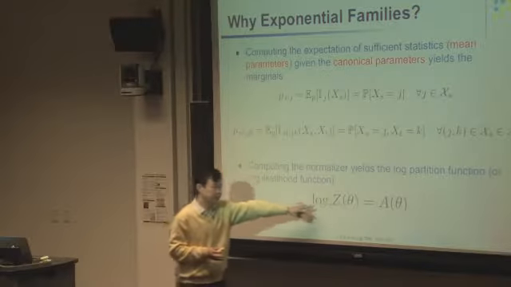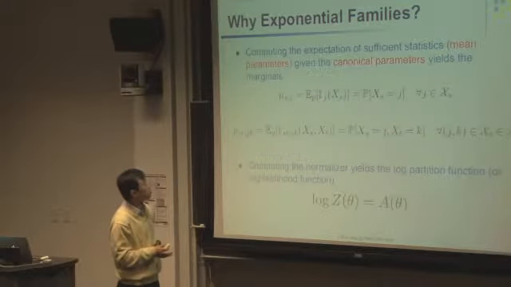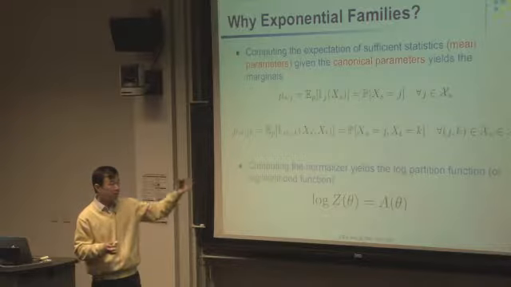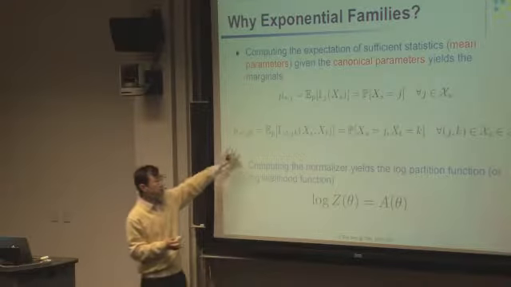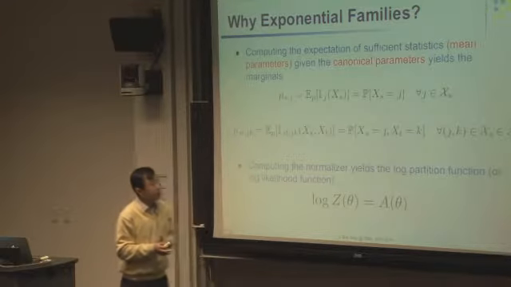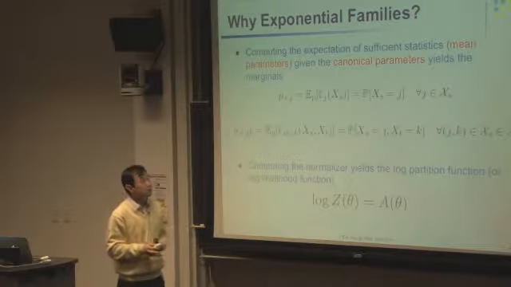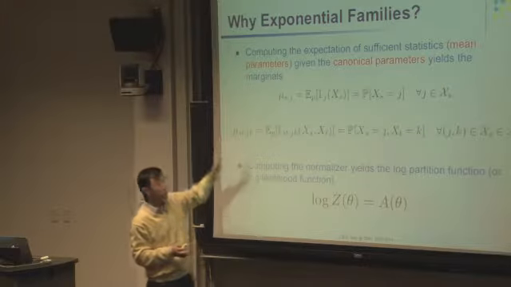And also there is this nice correspondence between the partition function and the log normalizer. All right. So why do we want to expose this? Because down the road, you are going to use all these identities to establish a very important connection between the canonical parameters and the mean parameters.